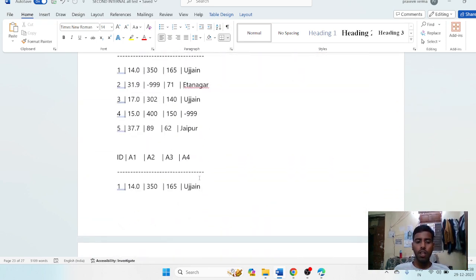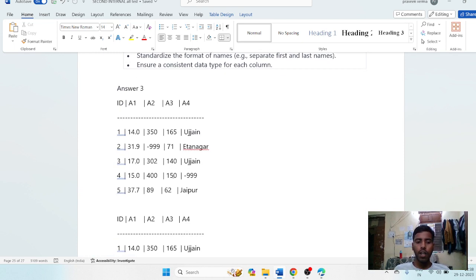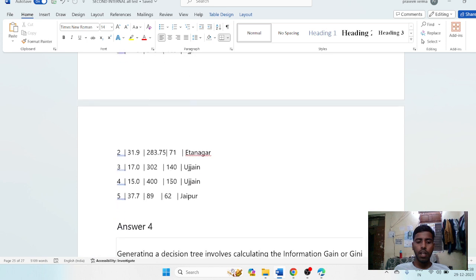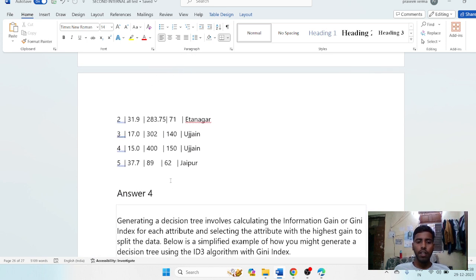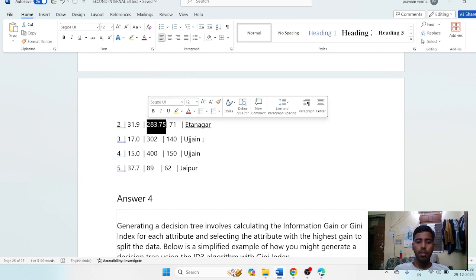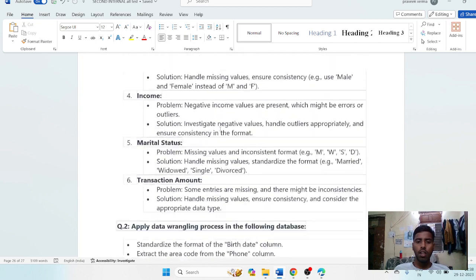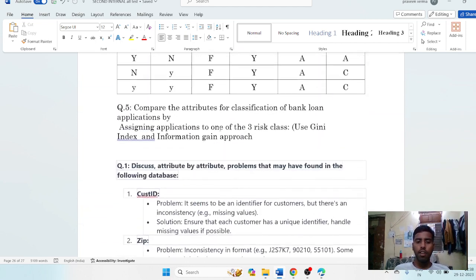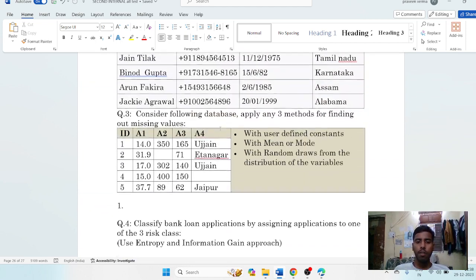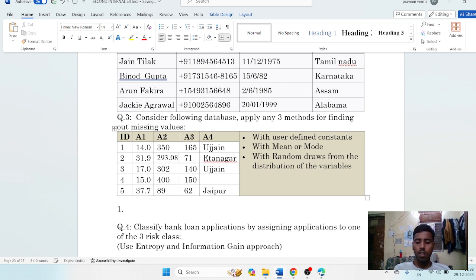Here in the third question, you can see the column. I have calculated the mean, which is 283.75, and I have placed Ujjain here. I will use mean to find numerical values, so we'll put 293.703.